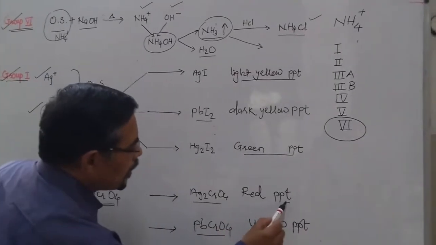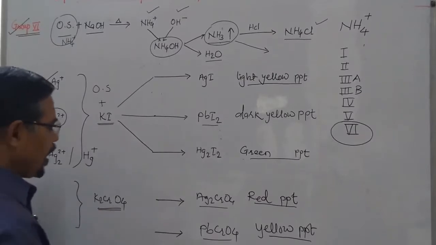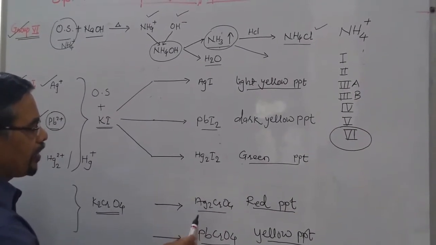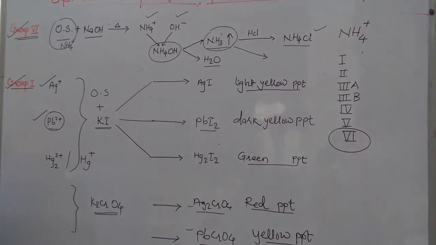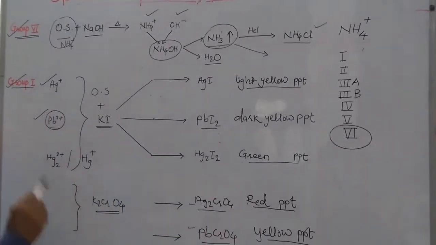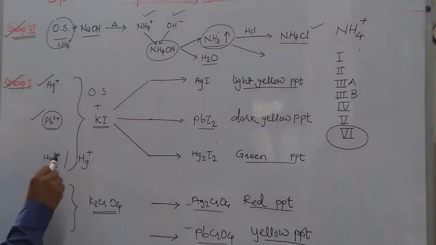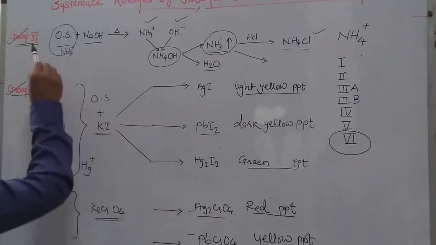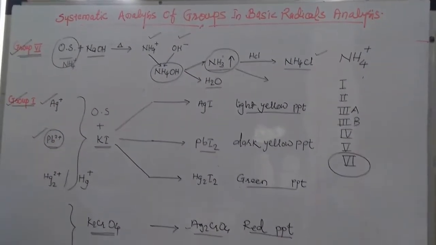So from the color of the precipitate formed with potassium chromate, we can easily identify in the given mixture either the silver radical or the lead radical if present. If both are absent, then the remaining radical is Hg2 2 plus, the mercurous radical. In this way, group 6 and group 1 radicals can be analyzed.